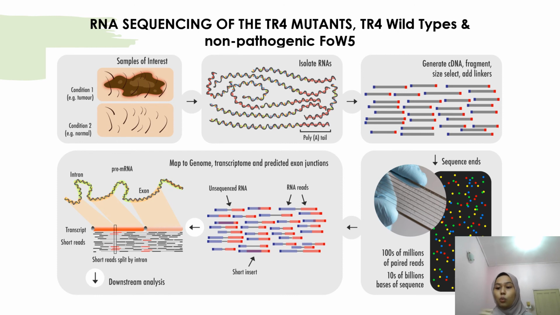We will see which genes are downregulated and which are upregulated, so that from there we can see what kind of genes and what kind of function the MAT gene has in TR4.